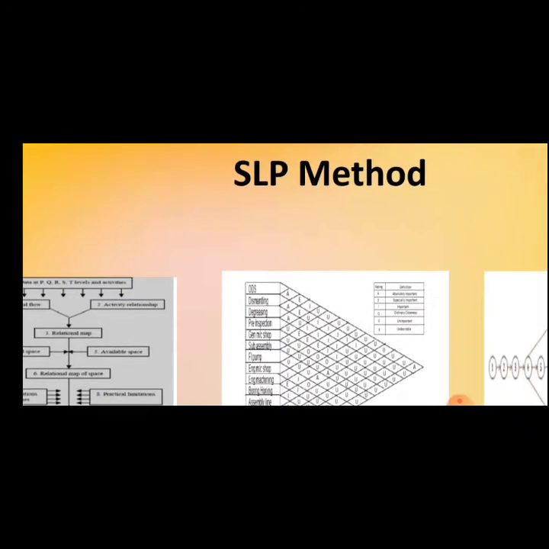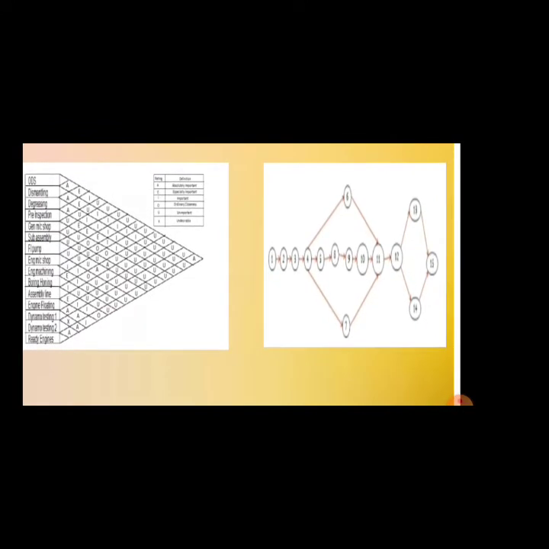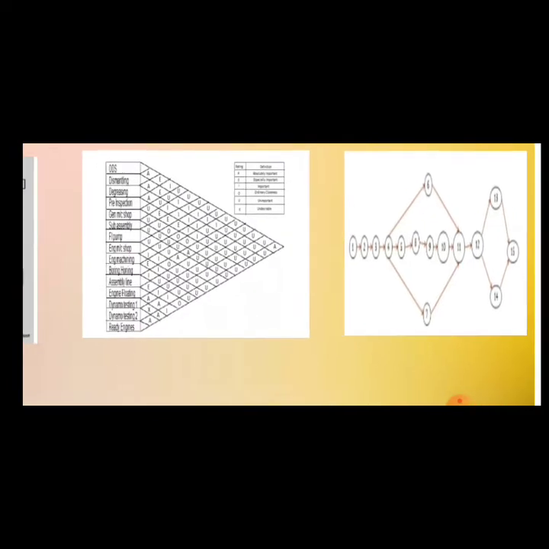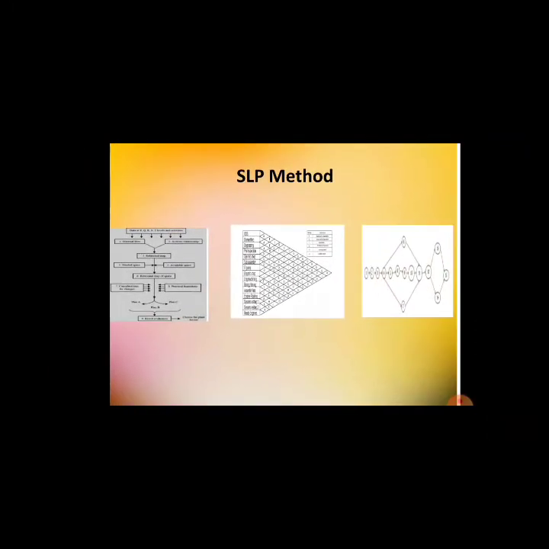This is the precedence chart, showing how the bus would go from place 1, 2, 3, 4, and after that, if repair or maintenance is to be done, it would go directly from 4 to 6 and then 11. There is no need to go to 5, 8, 9, 10. According to the precedence chart, they decided on the SLP method.